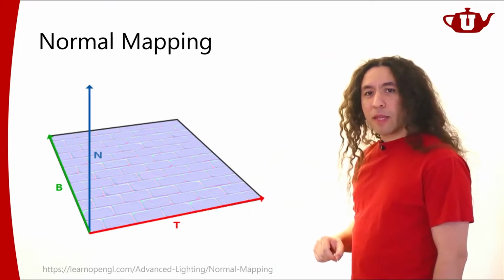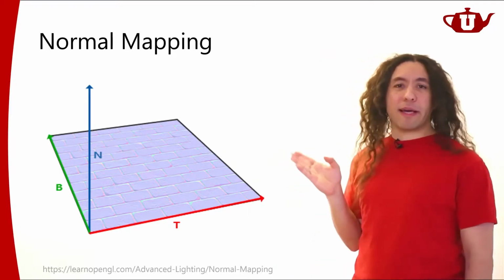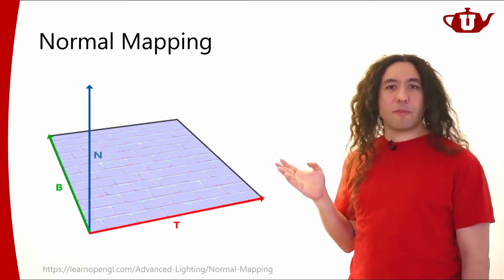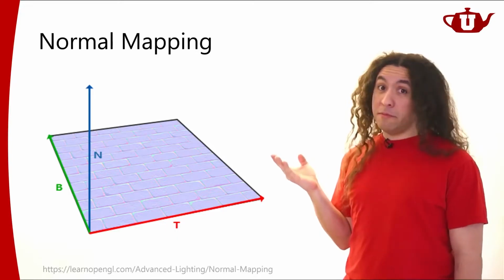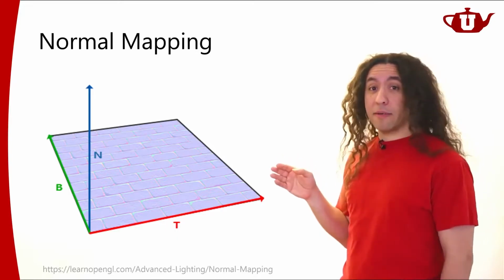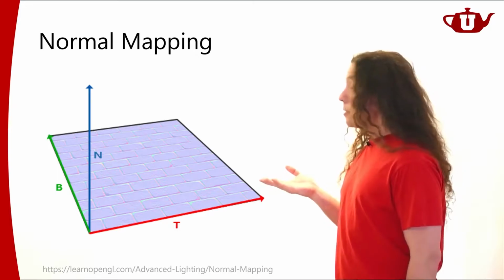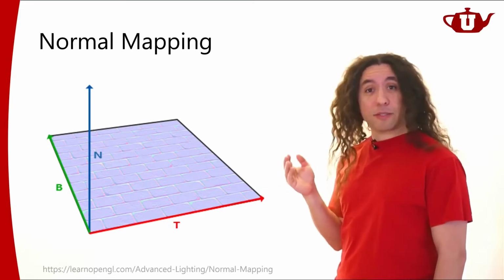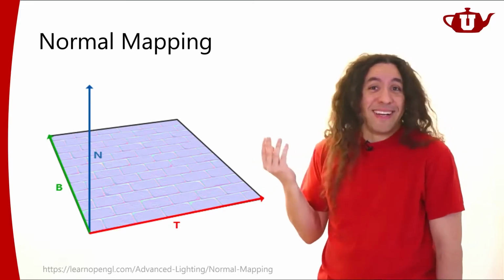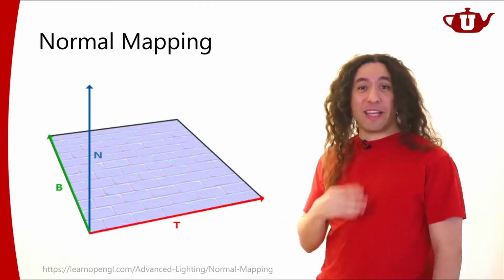All right, so if you have a flat plane like this, normal mapping becomes much easier, because the x, y, and z coordinates of your flat plane will just correspond to the same coordinates in the normal map.